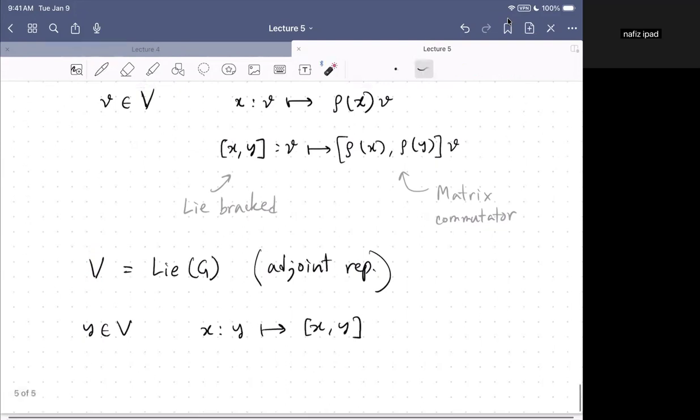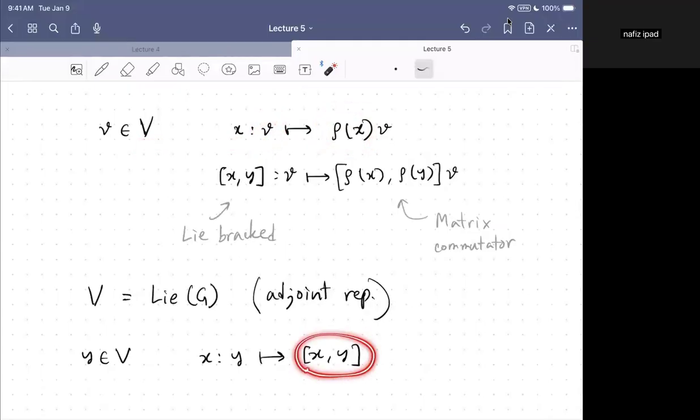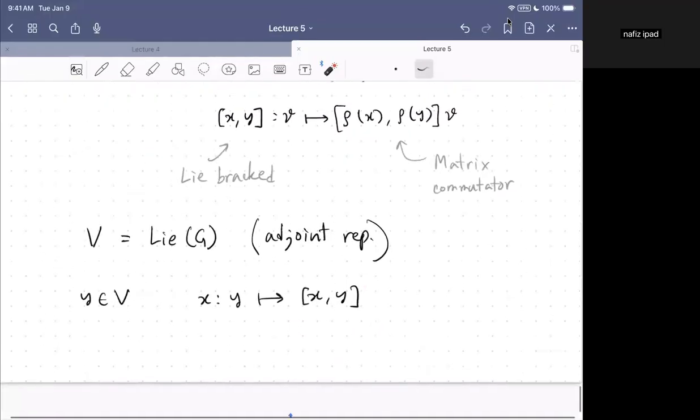So we said that here you take any vector from the vector space, and the action is given by some matrix. Here, it doesn't immediately look like that, right? The definition looks slightly different. You still have something from the same vector space, because it's an element of the Lie algebra. But where is this matrix? So let's figure out that matrix.